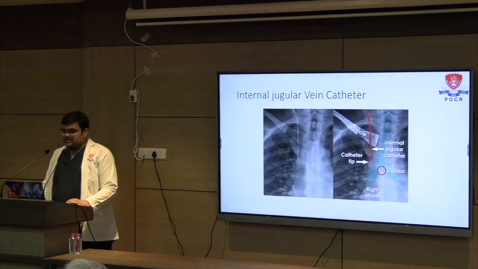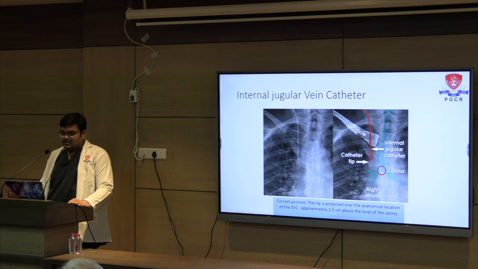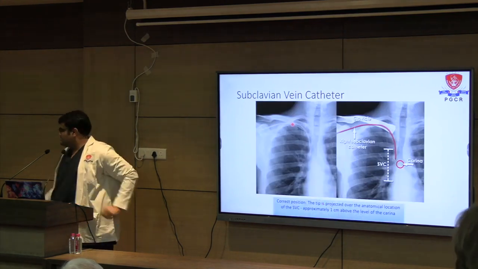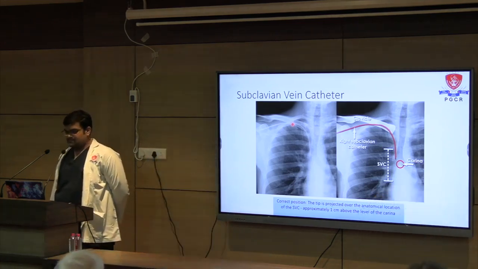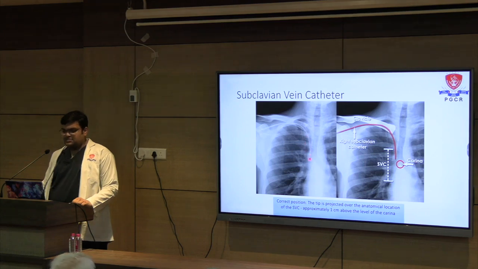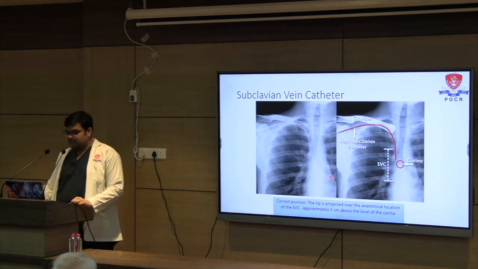Internal jugular vein catheter: the correct position is that the tip should be over the anatomical location of the SVC, approximately 1.5 centimeters above the level of the carina. Subclavian vein catheter: the catheter passes below the level of the clavicle and the tip is projected over the anatomical location of the SVC, approximately 1 centimeter above the level of the carina.